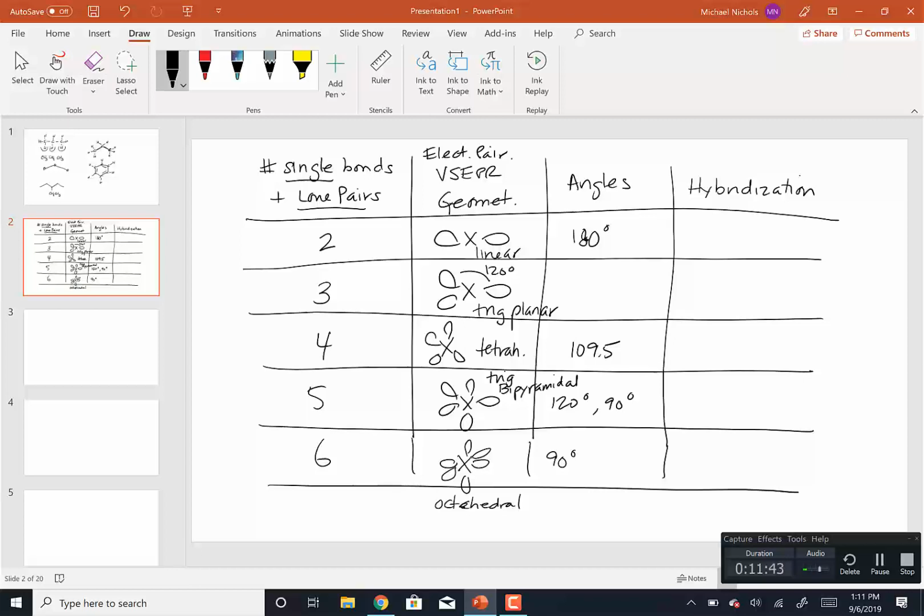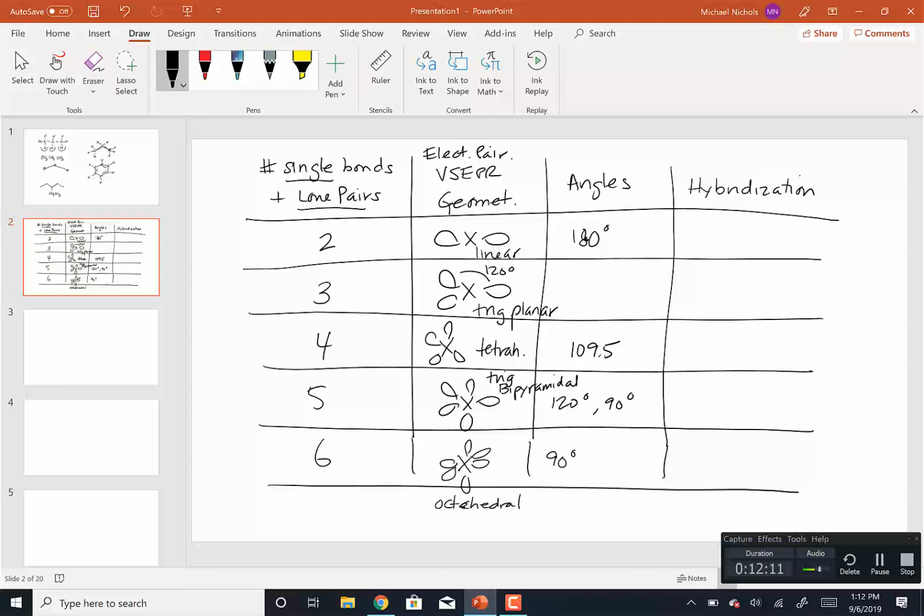Now you might say, what about bent? Bent is a molecular geometry. So I'll show you a water molecule here in a moment. The water molecule would be bent in terms of its molecular geometry, but I will call it tetrahedral according to its electron pair geometry. So that's something that I do because I'm more focused on the electron pair geometry than I am on the molecular geometry.